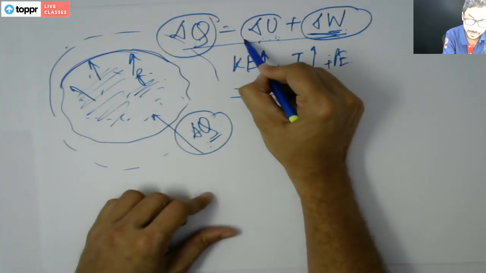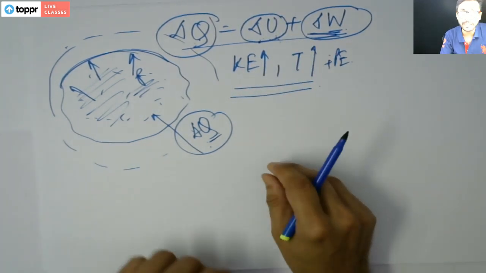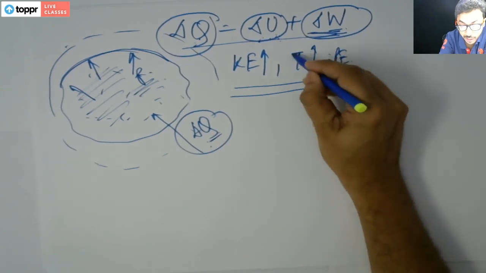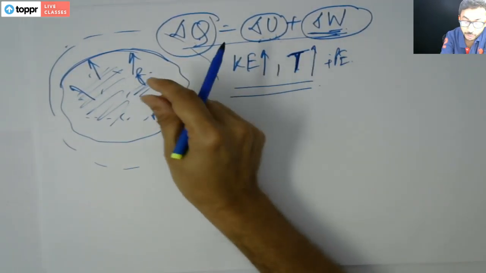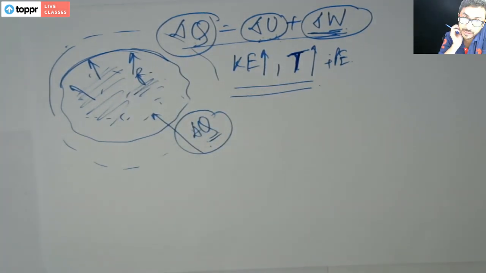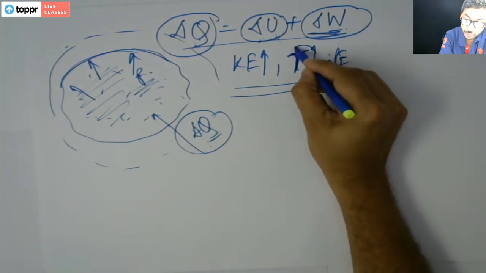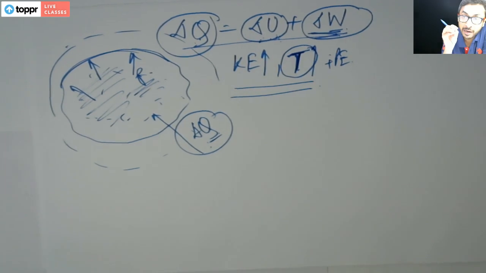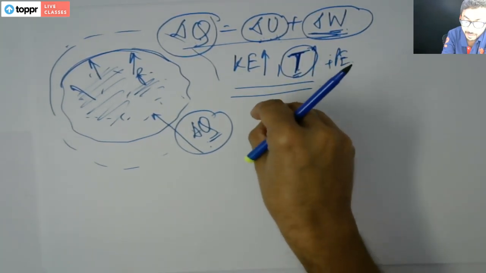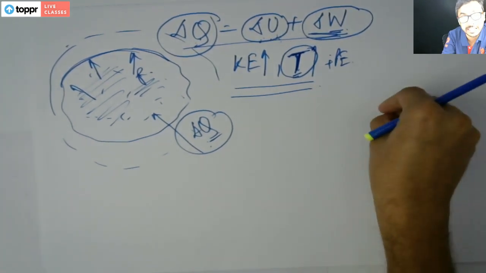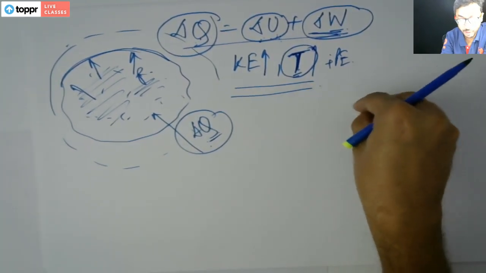You will see, as we are talking about the internal energy, it depends only on the temperature and also on the intermolecular distance between them, that is the potential energy. So these depend only on the point or the state.